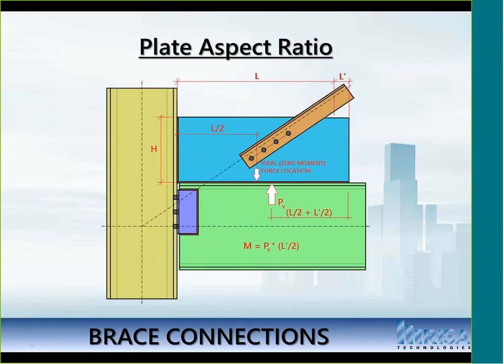And so we take a look at what would the ideal force location have been, where would that have been at this L over 2 distance, and where is the actual force occurring, and it's shifted over by this moment arm, L prime over 2. And so what we say is that there's a moment now that occurs, and that moment is simply equal to the axial force that runs through this connection times that moment arm distance between these 2 points.